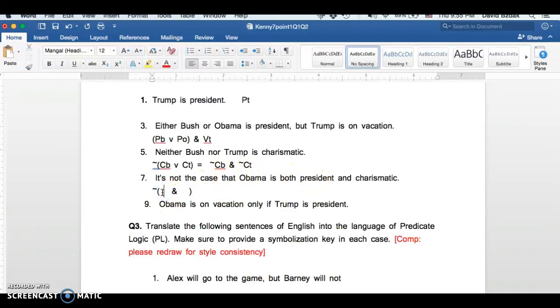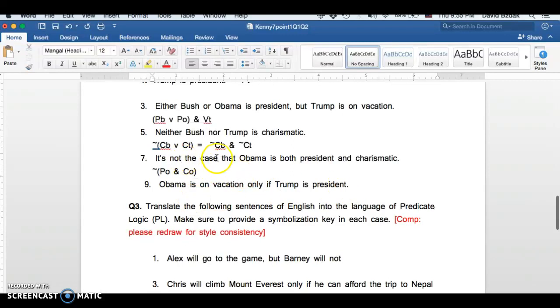So remember that's uppercase P, lowercase o for Obama. And charismatic, uppercase C, lowercase o. So it's not the case that Obama is president and charismatic. Alright, so remember, not both, negation of a conjunction.